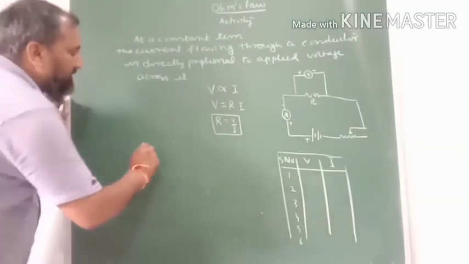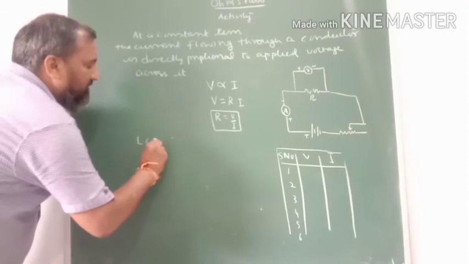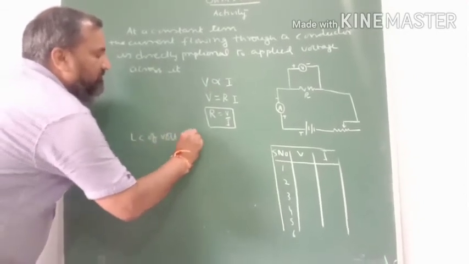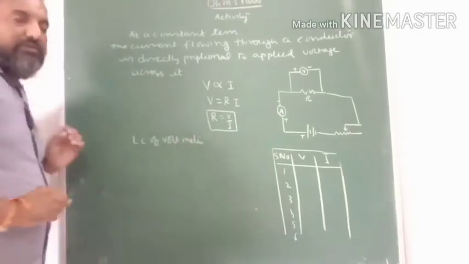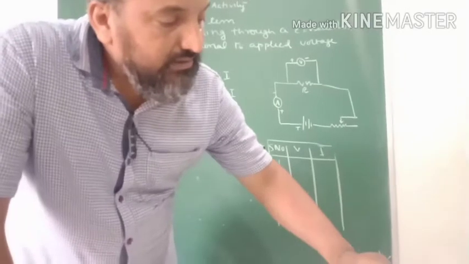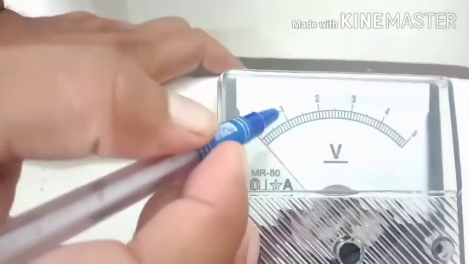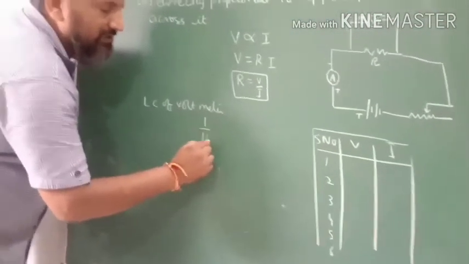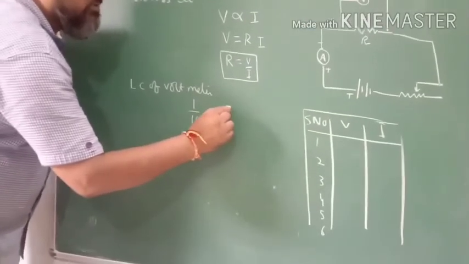Now, what is the least count of the voltmeter? See, the voltmeter, look here. What is the scale of this? We have 0 to 1 and in between there are 10 lines. So the least count of the voltmeter is 1 divided by 10 is equal to 0.1.